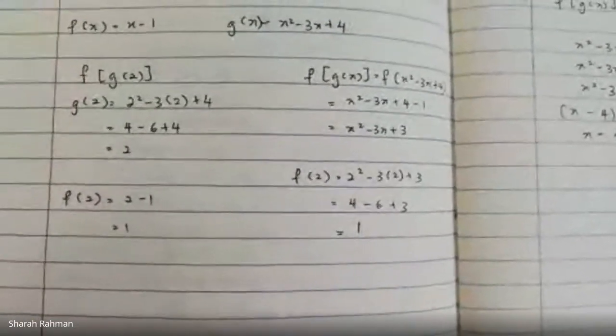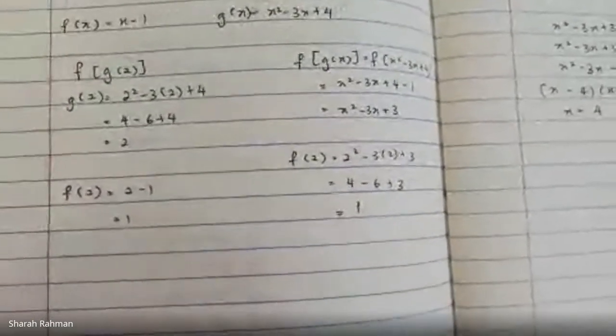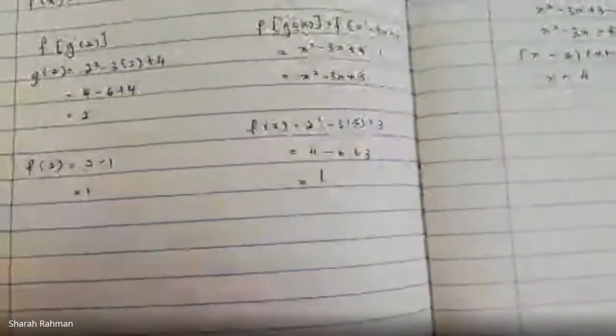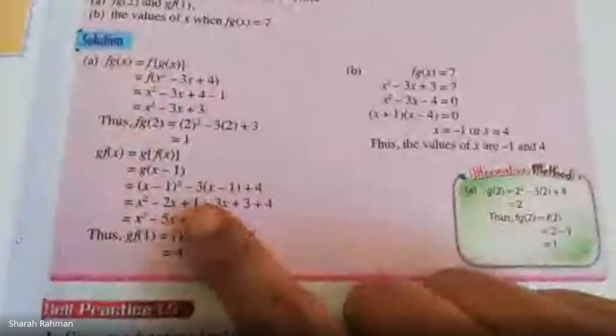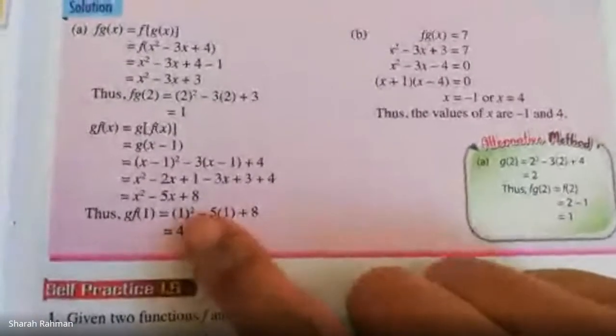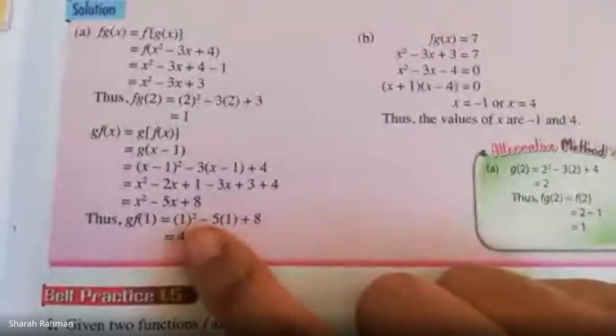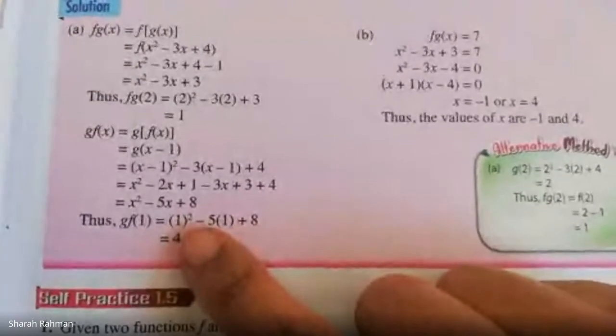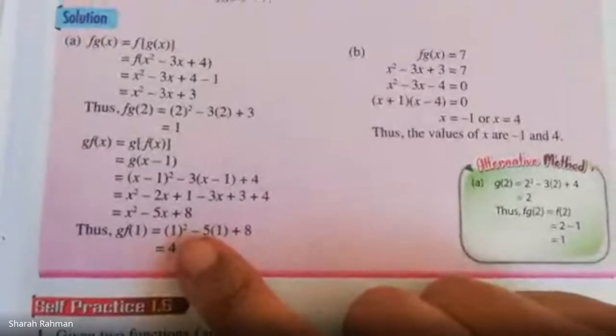So both methods can be accepted. But in the textbook, look at question gf(1). They also find the function first, then substitute with the number. So it depends on you, which one is the better way for you.